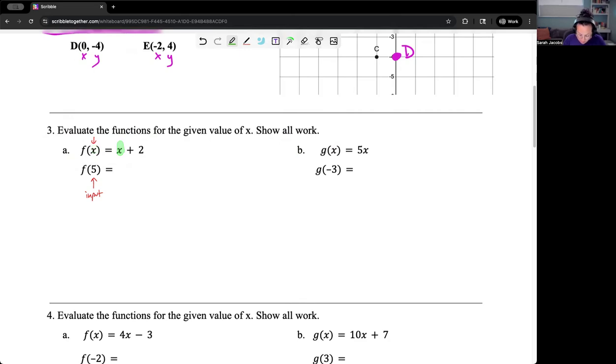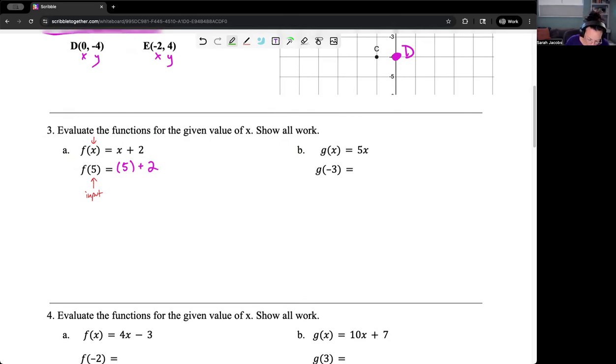Now, personally, I will always suggest that you start by rewriting the function with parentheses in the spot where the x was. Then you can fill in whatever number is in these parentheses and go from there. In this case, the parentheses go away right away because there's nothing happening inside them. There's no negatives. There's no exponents on these parentheses. There's not a whole lot going on. But again, as it gets more complex, those parentheses are going to answer a lot of questions.